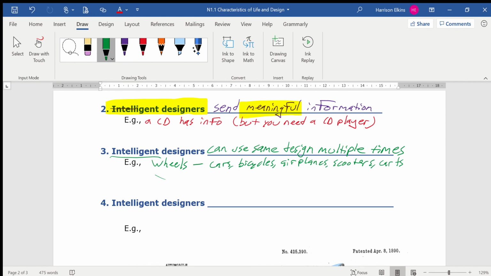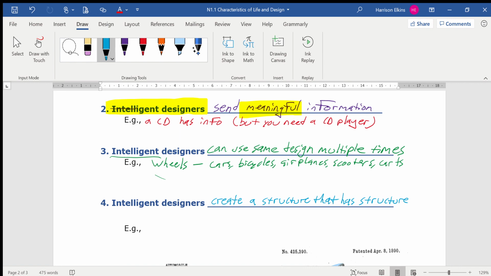Last thing, signs of an intelligence, signs that somebody created something, we can find if they create a structure that has function and purpose. These are huge words in biology that people talk a lot about.